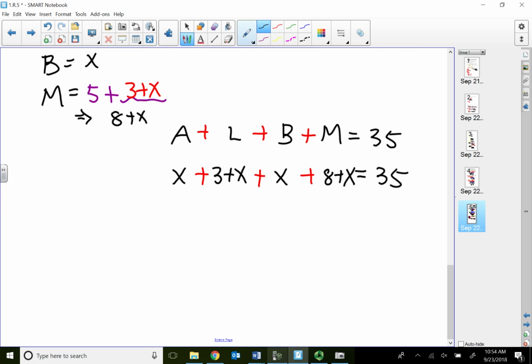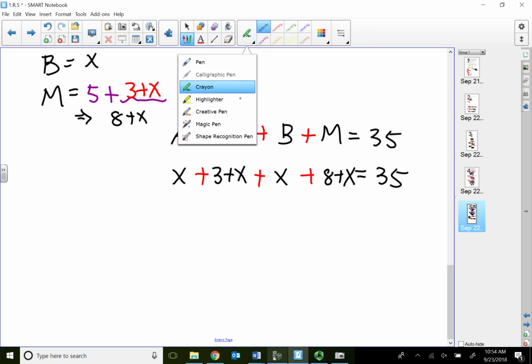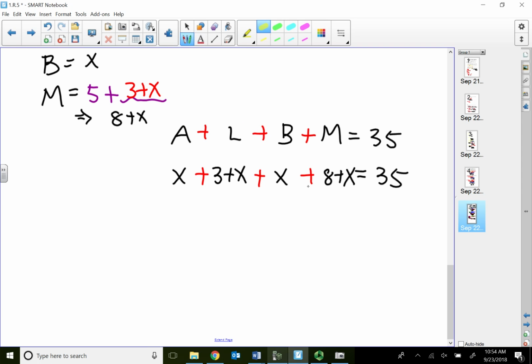Combine like terms. None of them has parentheses, but on the left side I can combine like terms. x plus x plus x plus another x is positive 4x. 3 plus 8 is positive 11, equal to 35.